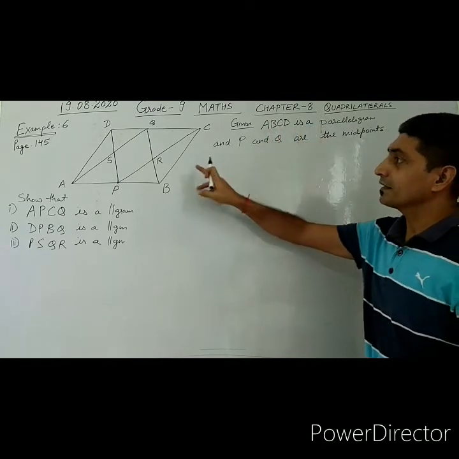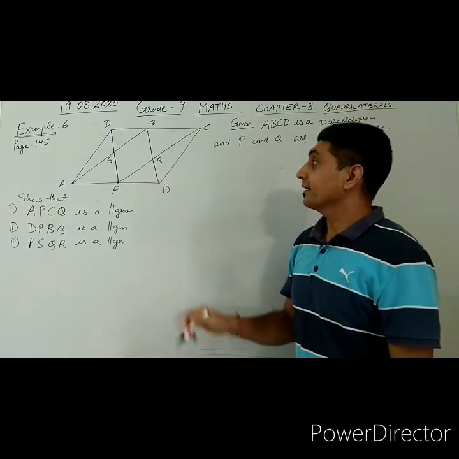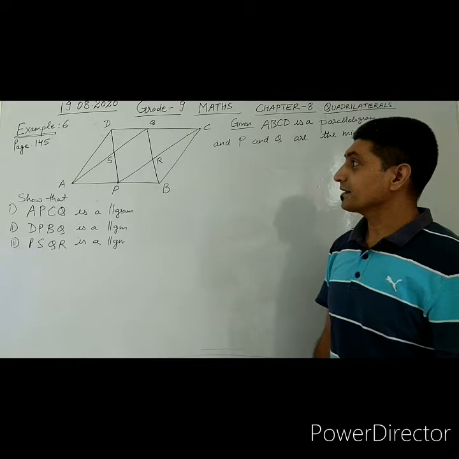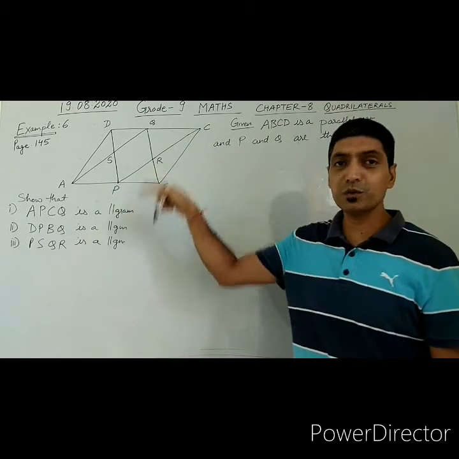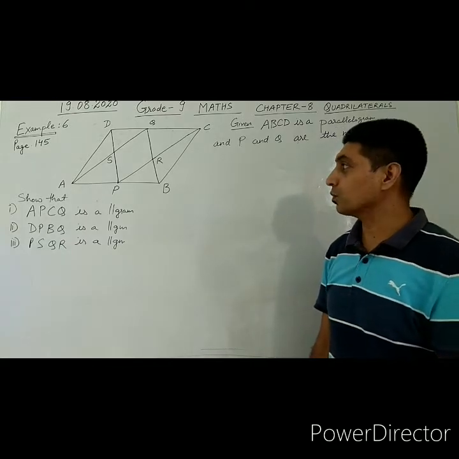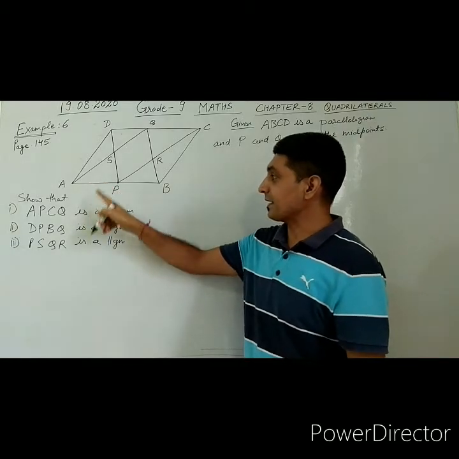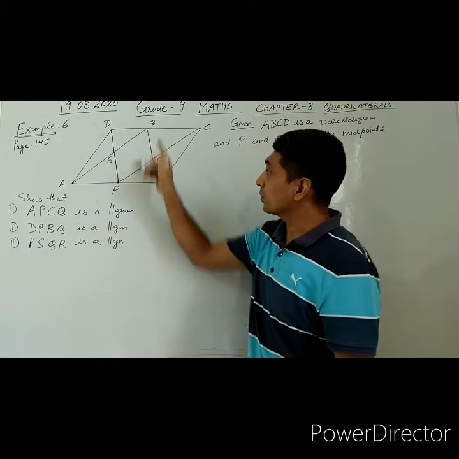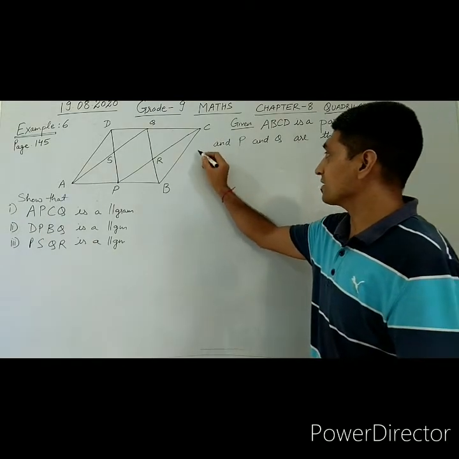So what we have? We have AB equal to CD and AB parallel to CD. Similarly, AD is parallel to BC and AD is equal to BC. Means opposite sides of a parallelogram, they are equal and parallel. So to prove this AP equal to this QC, here we can start the solution.